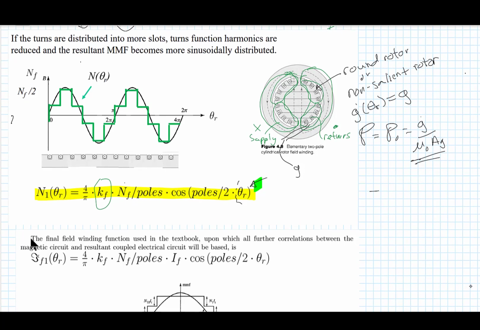And so as the winding is more distributed, and you could think of it as the slots increase, the KF gets smaller.